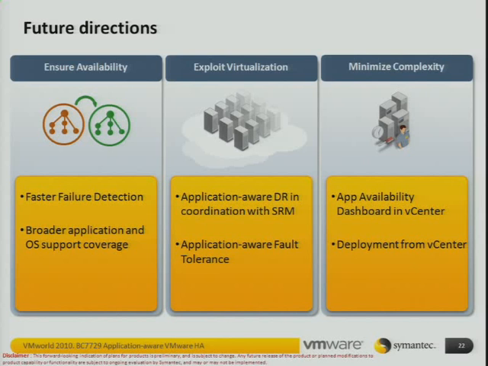And finally, on the minimized complexity side, like somebody just asked, we're going to make the whole deployment model that we just talked about, deploying the guest components, deploying the plugin, available from the vSphere client itself.